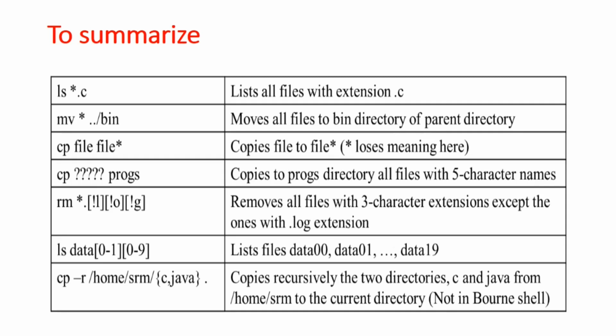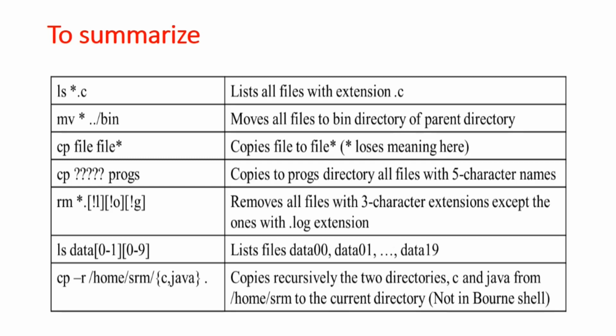Here in this example star doesn't have any meaning. Next command, cp file question mark and the directory programs, copies to the programs directory all files with 5 character names. So the file names which contain 5 characters are copied to the directory programs.